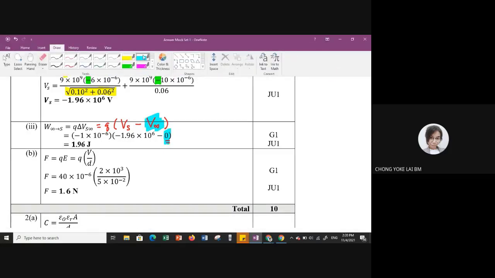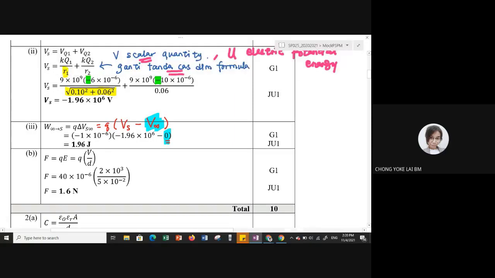Then the potential at point S we calculated earlier: it is negative 1.96 times 10 to the power of 6. So, Q is the charge that we move, which is negative 1 microcoulomb, times 10 to the negative 6. So when we do the calculation correctly, we will get the work done is 1.96 joule. Okay, and it is positive. Why positive? Because the negatives cancel out.